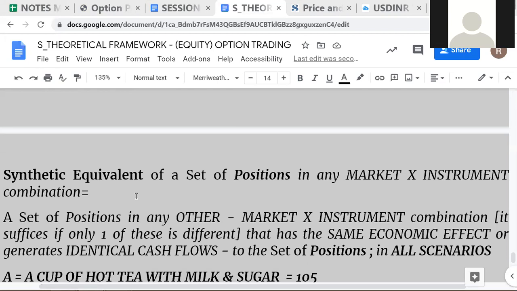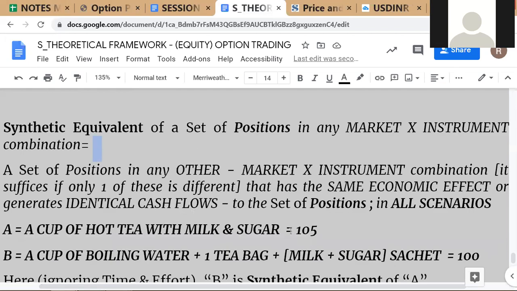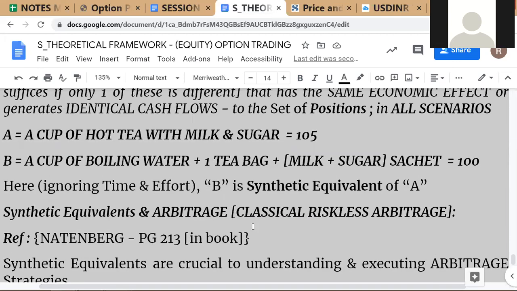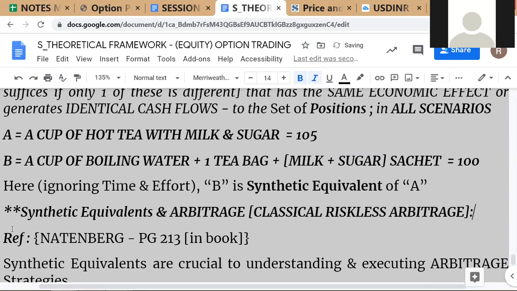Okay, so synthetic equivalent, we talked about that, and then we defined a synthetic equivalent here, and then we have talked about a little subtopic, which is that synthetic equivalence and classical riskless arbitrage.